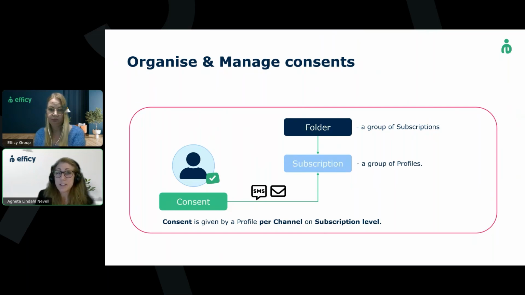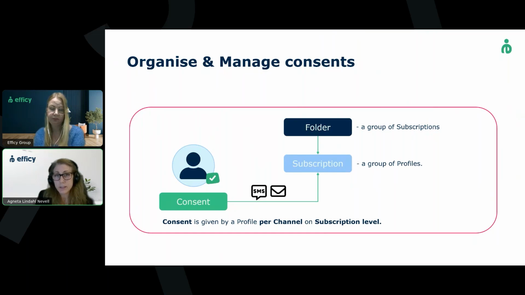A consent is always tied to not only a channel, as mentioned previously, but also to a subscription. If a profile opts out, it's for that subscription, not the whole folder or the section of the account. So to summarize, the consent is stored at the profile level, per subscription, per channel.